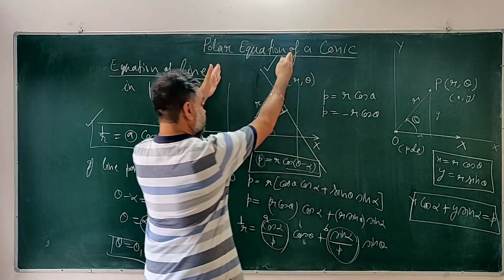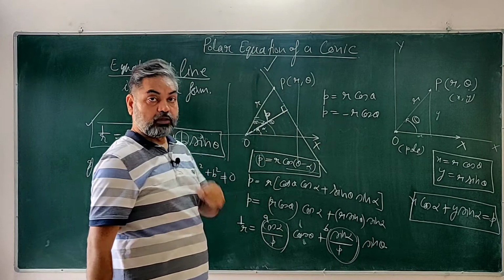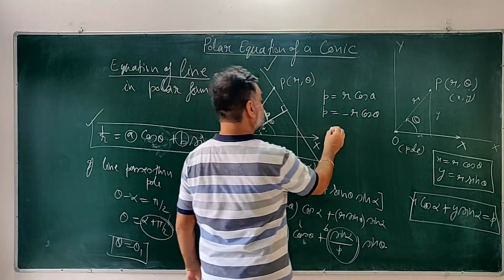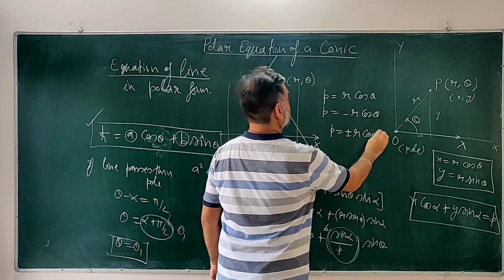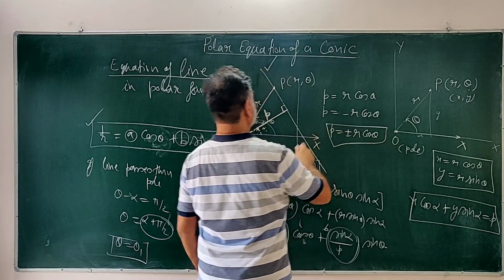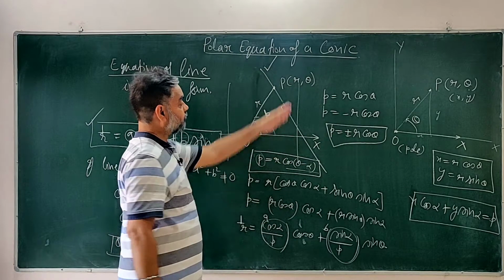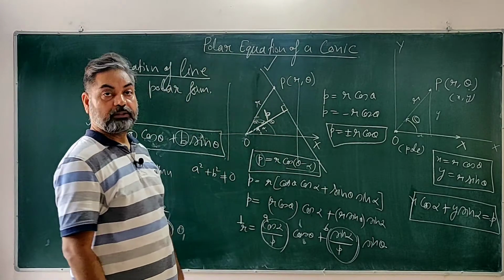So the equation of a straight line which is perpendicular to the initial line is p equal to plus or minus r cos theta.